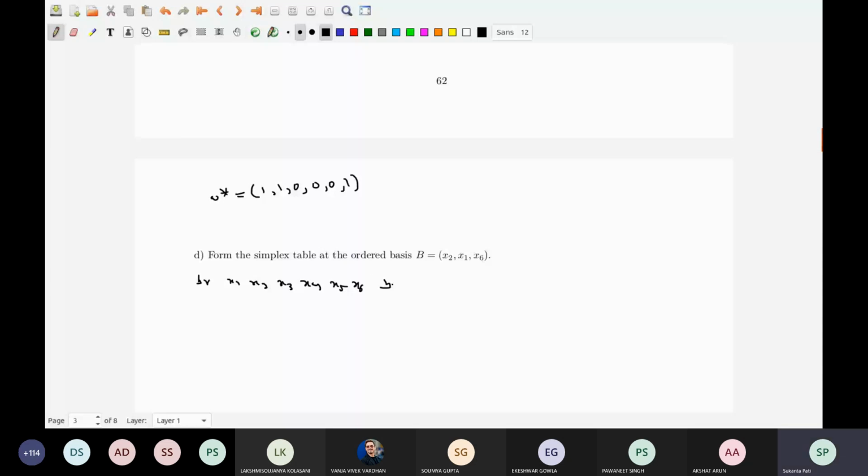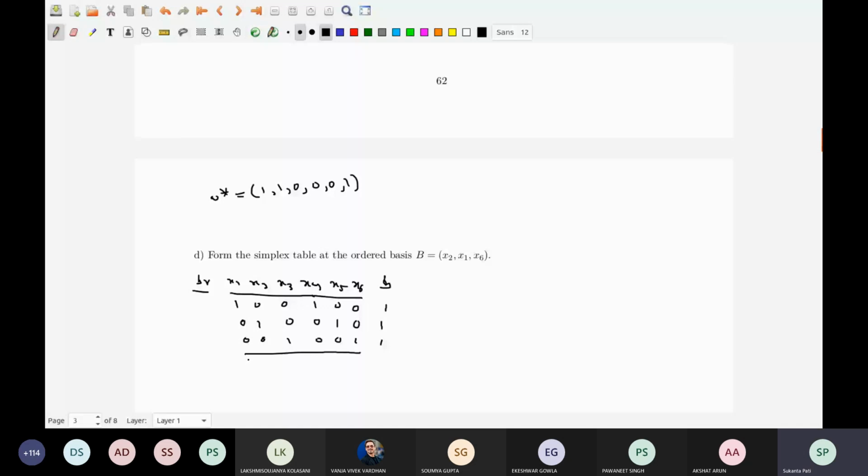The first one was x1 plus x4 equal to 1. Second one was x2 plus x5 equal to 1. The third one was x3 plus x6 equal to 1. And what I had to minimize? I had to minimize 1, 1, 1, 0, 0, 0.